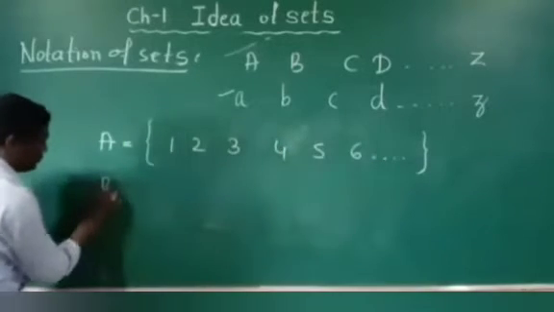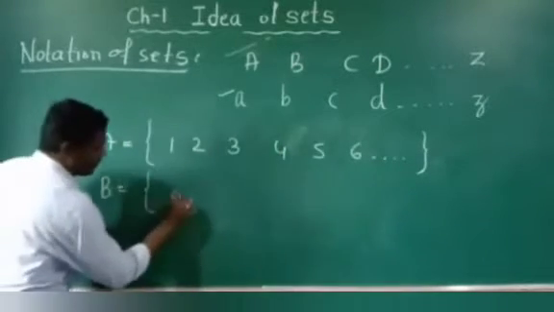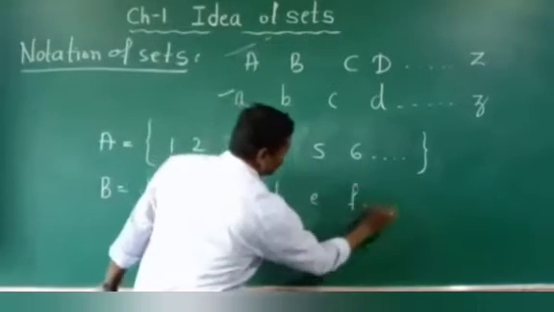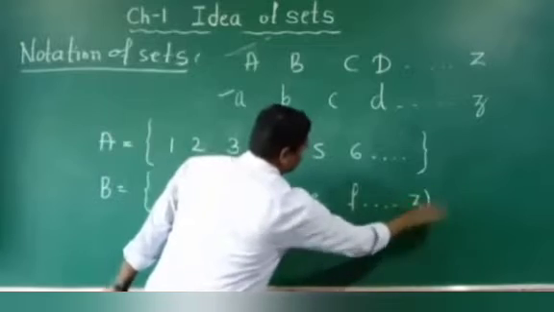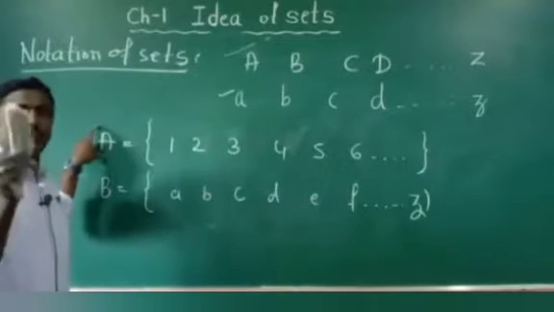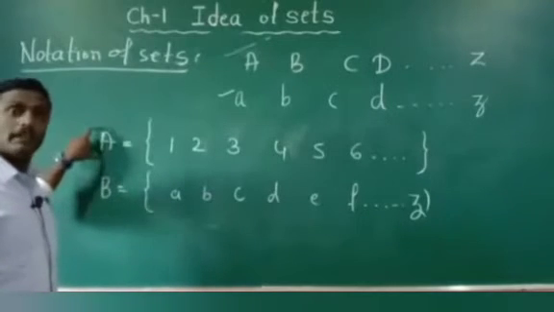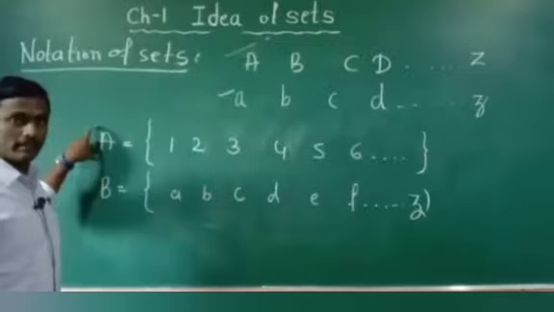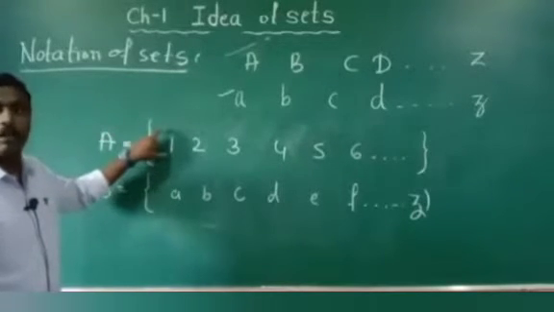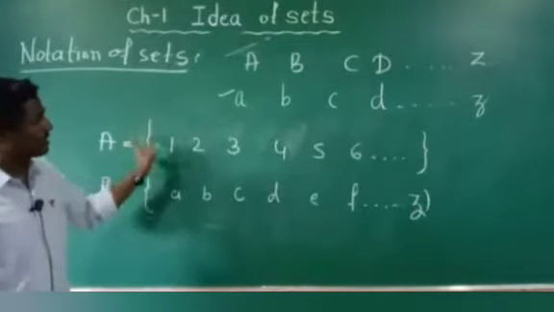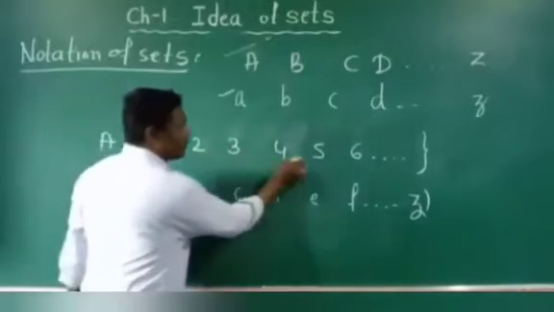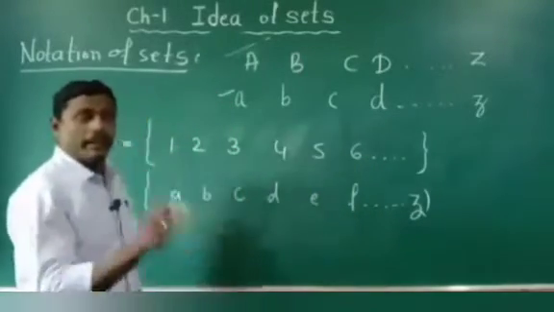Or set B: A, B, C, D, E, F. While representing a set, we use capital alphabetical letters, and we write the members or elements inside the braces, giving some spaces between two consecutive members.